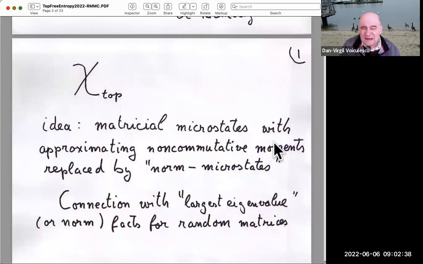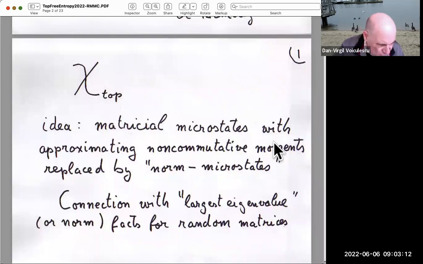So the idea to define this topological free entropy is to use matricial microstates, microstates which are controlled by norms. So the approximating non-commutative moments are replaced by norms.